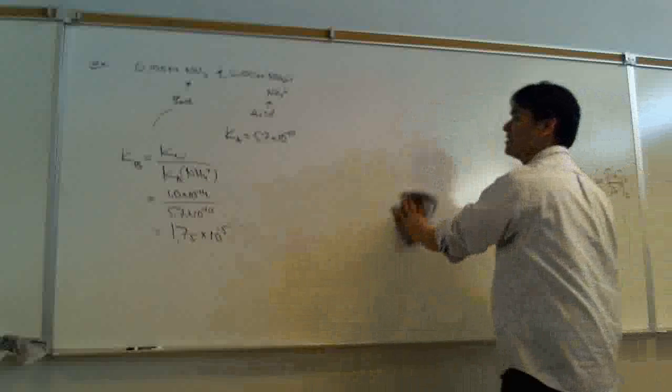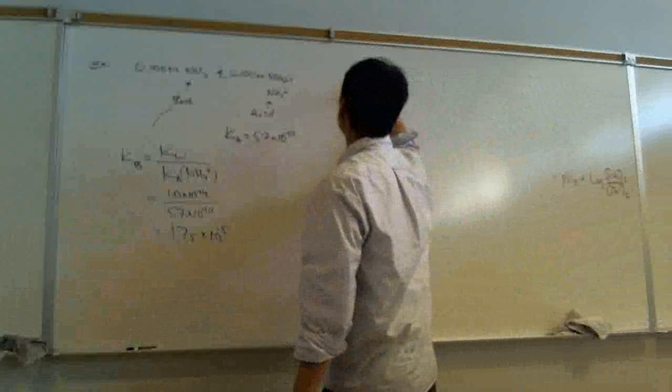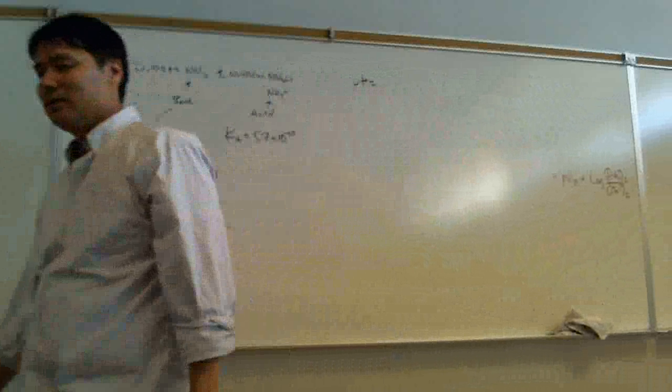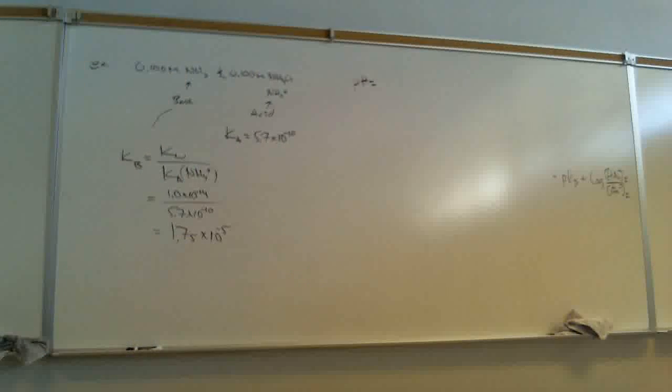And so why don't you go ahead and solve for the pH of this using either equation. If you get the pOH, then you have to do this extra step, 14 minus the pOH to get the pH. We have the Kb and the Ka value, so it's not going to be that huge of a difference between the two methods.